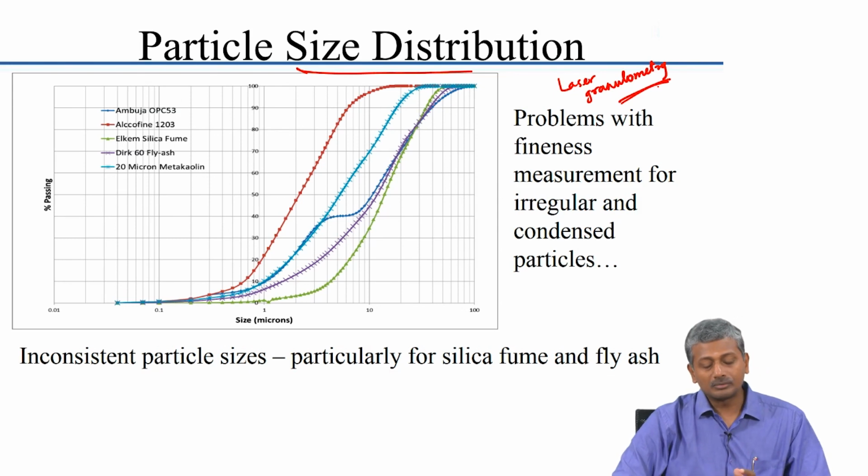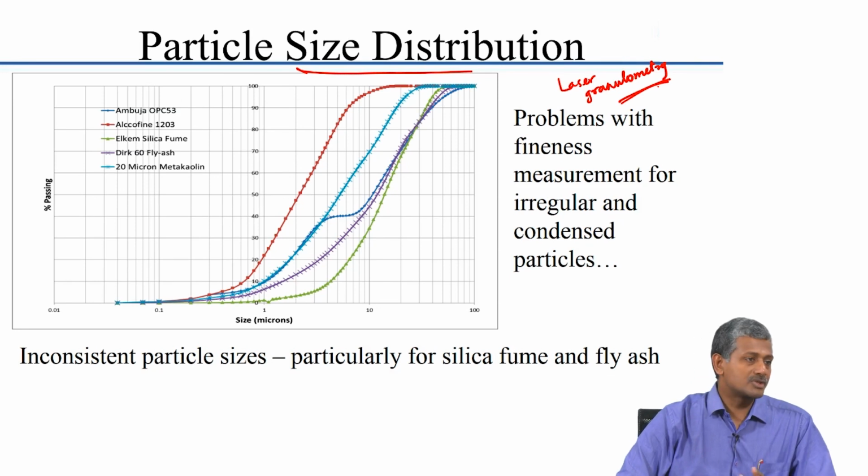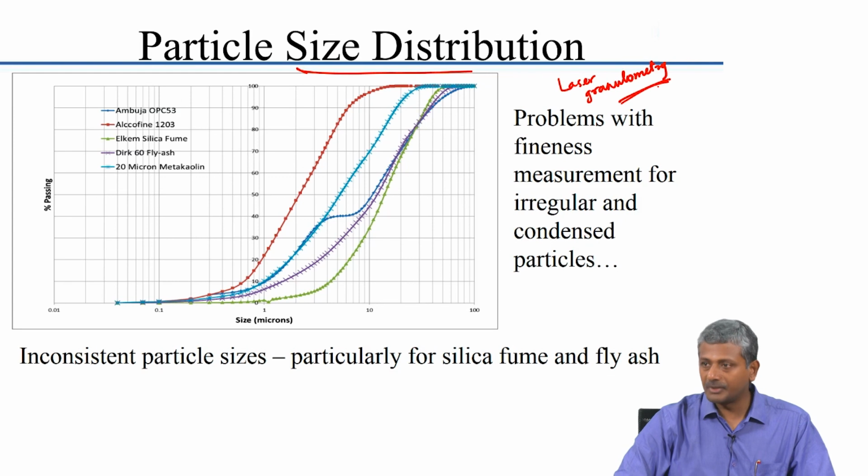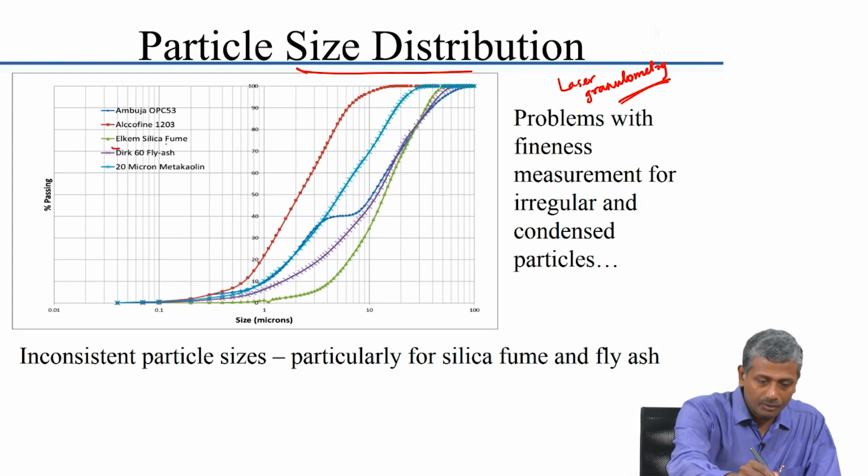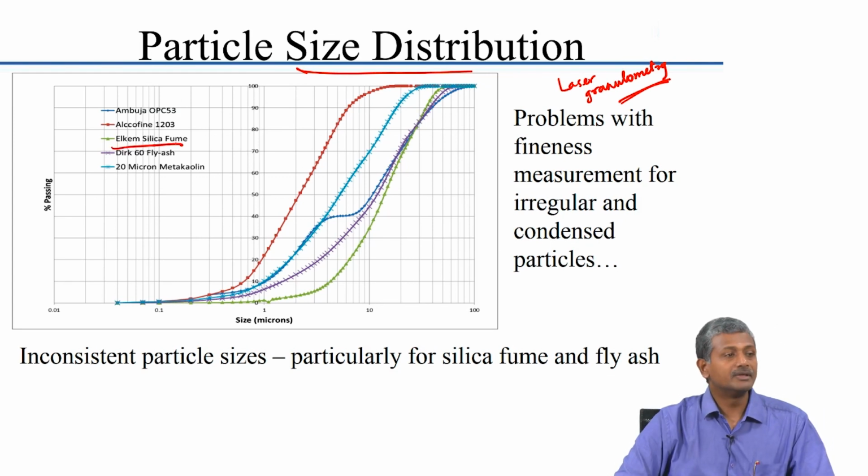Okay. Now, having said that, you need to ensure that your system is well dispersed for your particles to be detected quite easily. While that is not really a problem with most mineral additives, when you talk about silica fume, you may have serious problems, because silica fume, I told you already, comes in a condensed form.